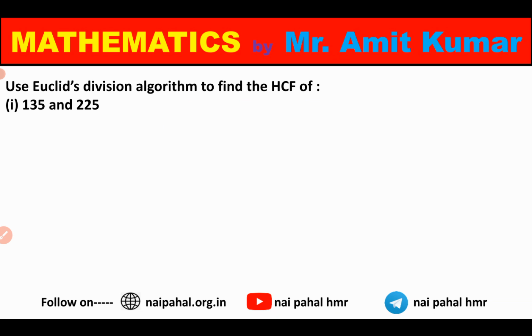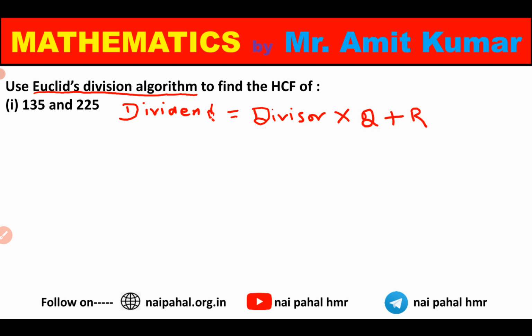Before anything, I would like to tell you the Euclid division algorithm. What is Euclid division algorithm? According to this algorithm, dividend is equal to divisor multiplied by quotient plus remainder.